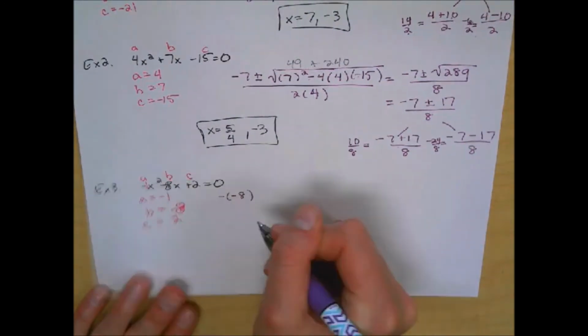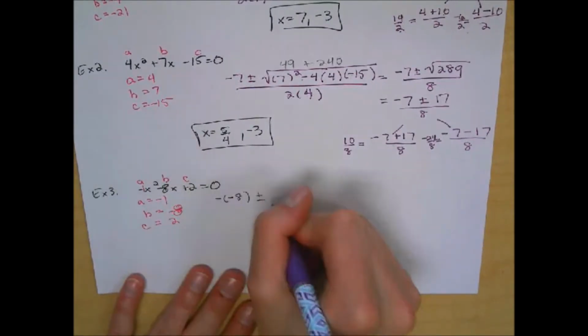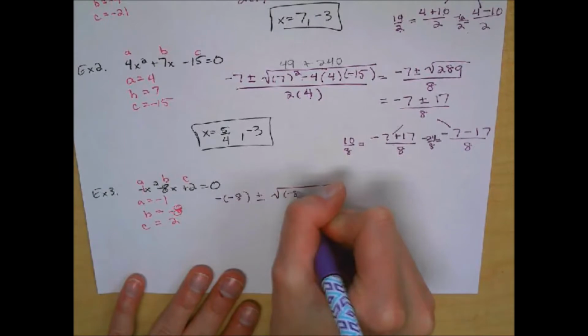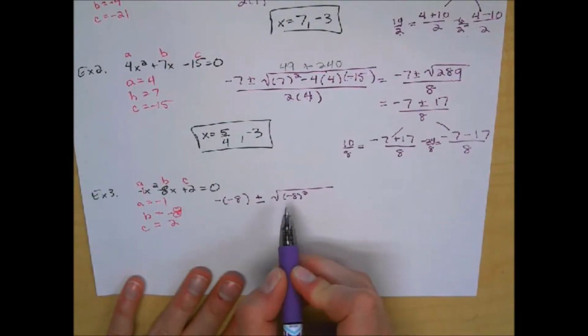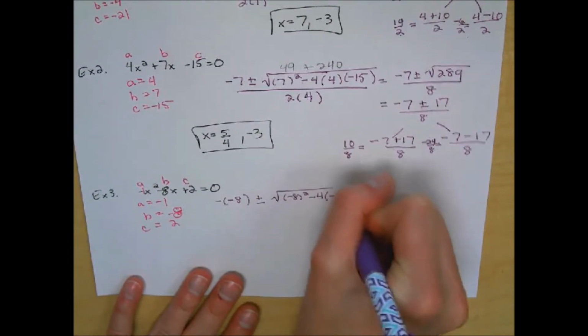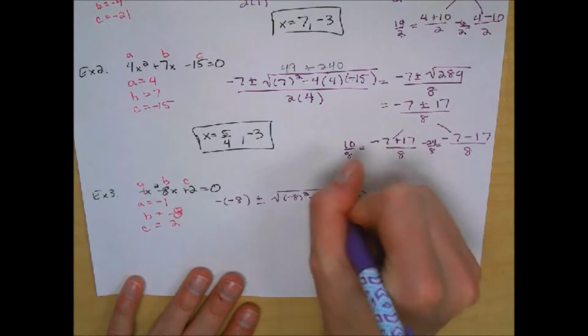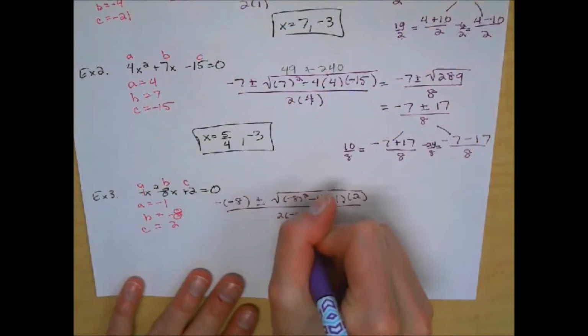Negative b plus or minus b squared. Make sure you put that in parentheses. Minus 4ac all over 2a.